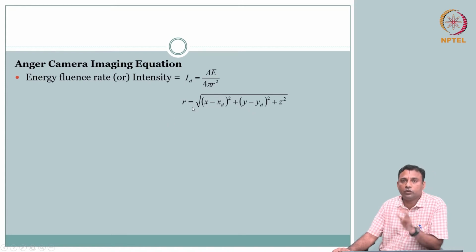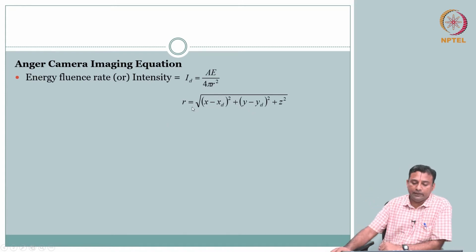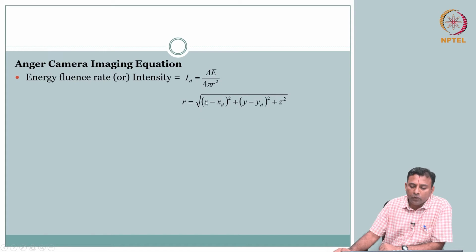So that is from the source to the detector. You will notice that there is this 4 pi r squared. So this is an inverse square law, remember.